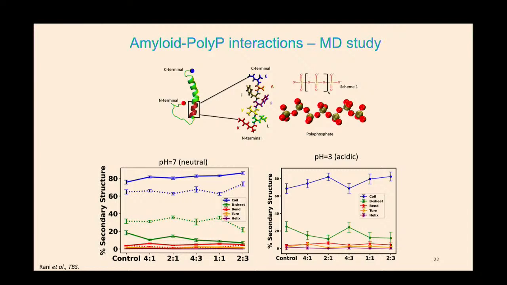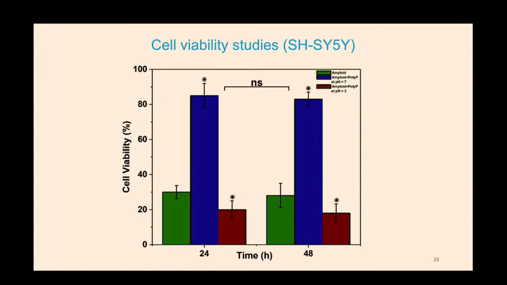We are not seeing the complete story here, but there seems to be some suggestion from the simulation that there is more beta sheet formation at pH 3 compared to pH 7, even at a single monomer and polyphosphate level. But going forward, we want to look at a more coarse-grained model to see phase separation in the full scale system.